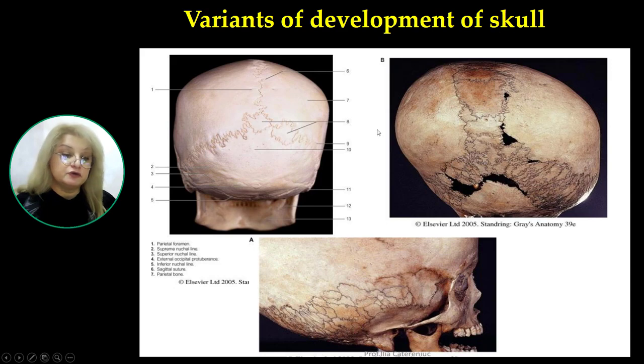Variants of development of the skull include additional bones between the sutures, or ossa suturata. If one is between the occipital and parietal bones, that is, if it happens in the lambdoid suture, it is called the Inca bone, as it was revealed in the engravings in Peru among the Incas. Also represented here are different types of sutures.